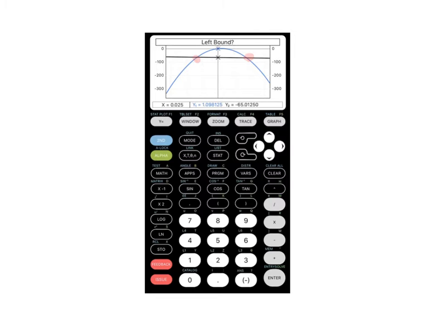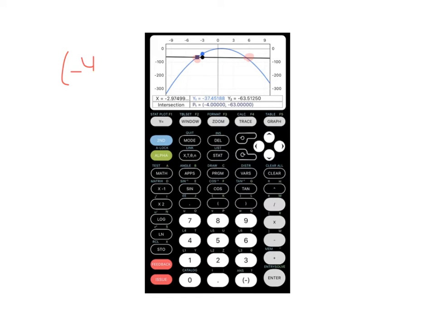So it's asking me, are we at our left bound? So we're going to have to go through this process 2 times because we do have 2 solutions. So get it on the left, hit enter, shift it over to the right, hit enter, and we can see at the bottom of our screen there we have an intersection at negative 4, negative 63. So that is one of our solutions.